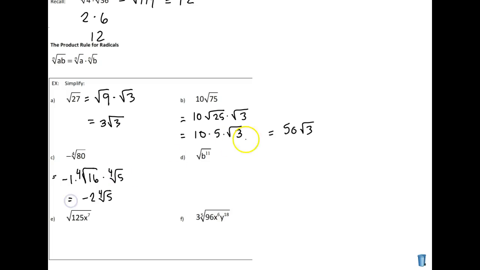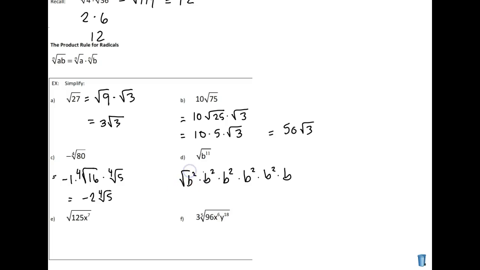Similarly, for this one, if I'm looking at b to the 11th, well, I'm looking at square roots here, so that's really b squared times b squared times b squared times b squared times b squared times b, right? Because there I have 2, 4, 6, 8, 10, 11.